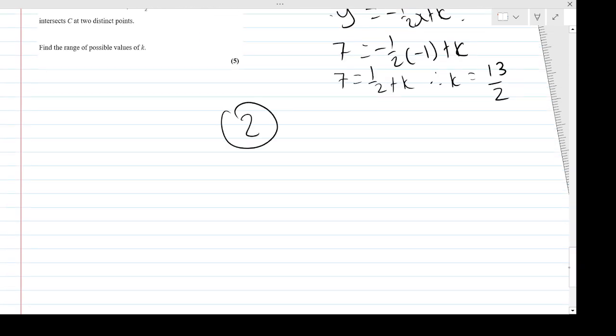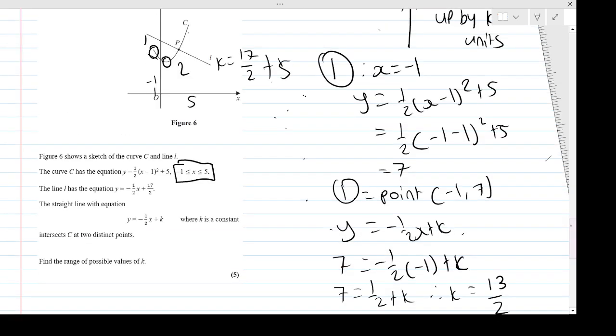Well, at point 2, it's not particularly clear what the x value is. You might well think it's the minimum point, the turning point, but not exactly. We could have a situation where, because the graph is a bit small, it looks like it.